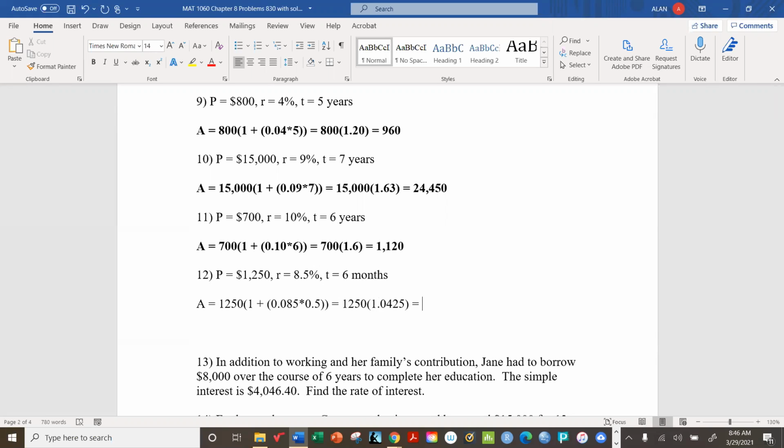Now this one does have dollars and cents. It's 1303.125, which you can round. Normally you would round this because it's a dollar amount, 1303.13. But either one of these is fine.